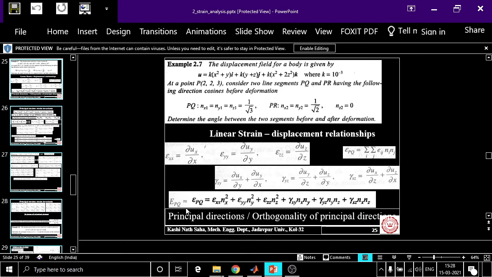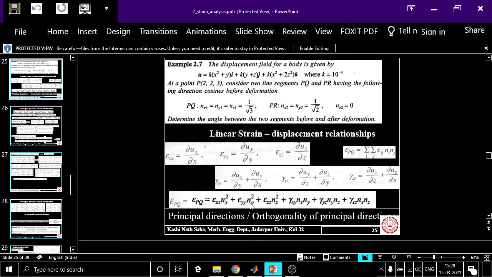We know that this epsilon pq is given by this relation. If we have a vector of direction cosines nx, ny, nz, and a strain tensor, from these values we can form the strain tensor. Say this is vector v, then t is our strain tensor, and we have to use v inverse.